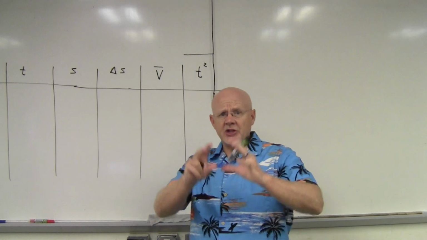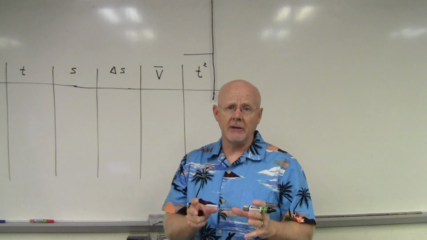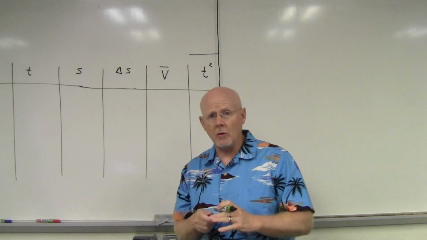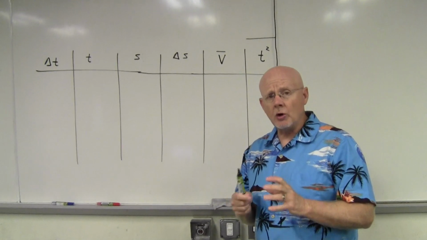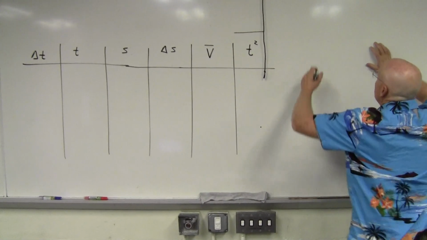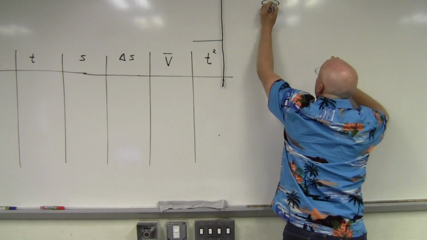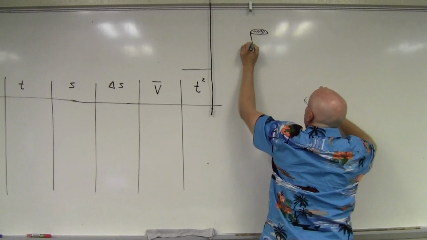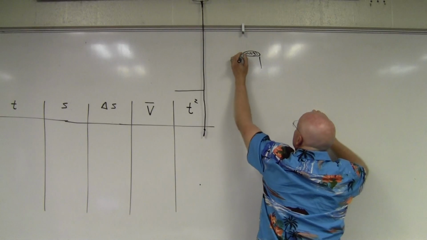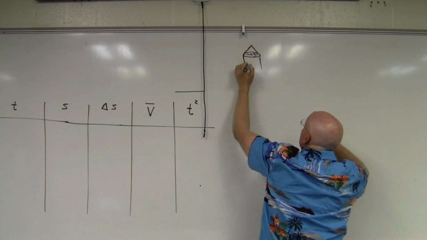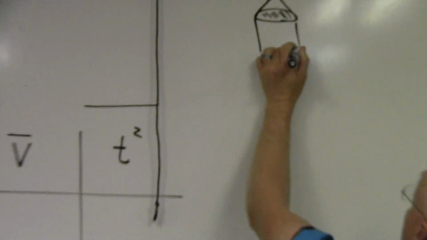Here's the gist of today's experiment. We're going to work with motion. We're going to put an object up in the air a little bit. It's not real high. As you'll see, the object looks a little pointy on one end and kind of flat on the other.